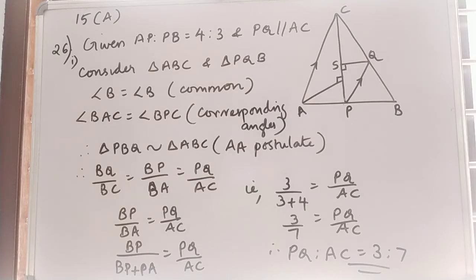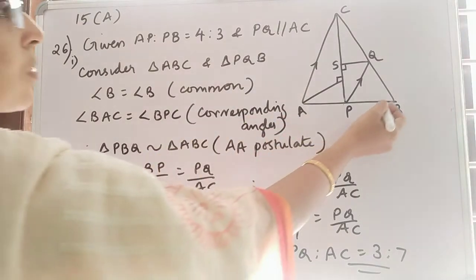Given AP is to PB is equal to 4 is to 3 and PQ is parallel to AC. We are considering triangle ABC and triangle PQB. Angle B is equal to angle B. In both the triangles, B is common.